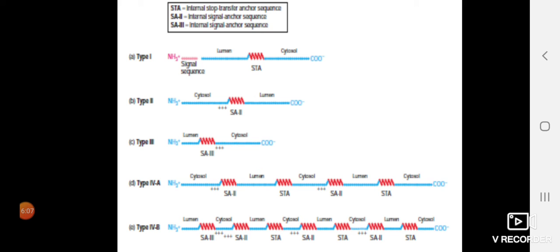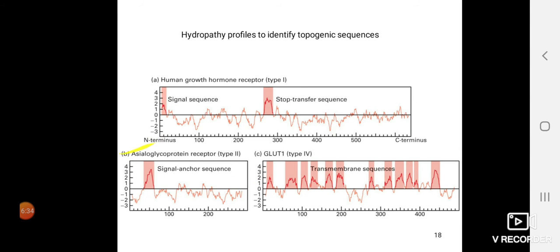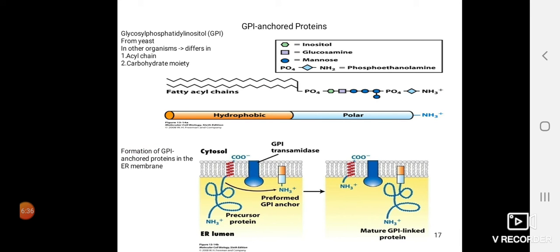So based on where you want this particular signal anchor, stop transfer and anchor sequences of type 1, type 2 to be oriented, they are going to be present in that fashion, which makes the polypeptide chain get inserted or stitched into the membrane in a specific way. So this is how the polypeptide chain synthesis takes place for type 1 to type 4.